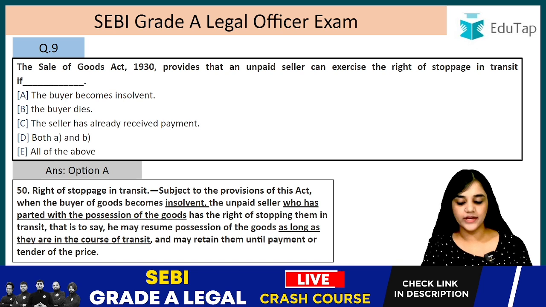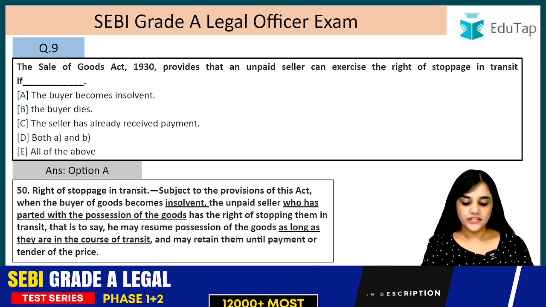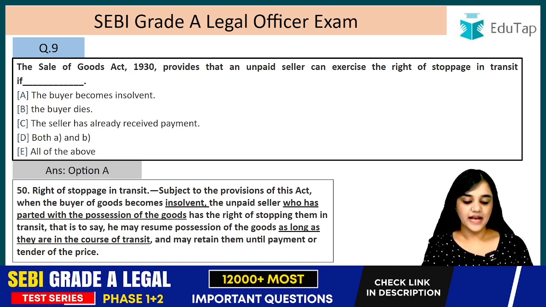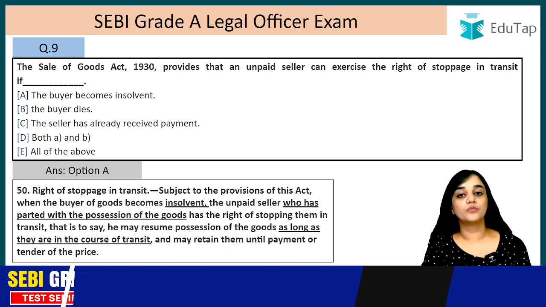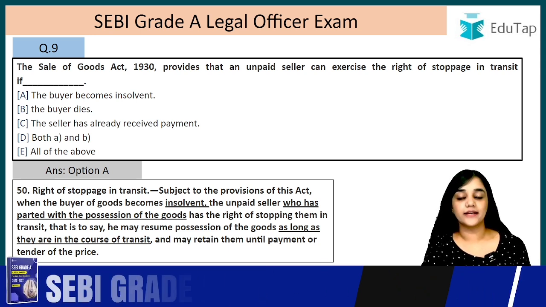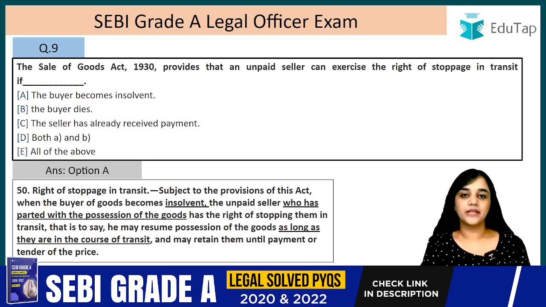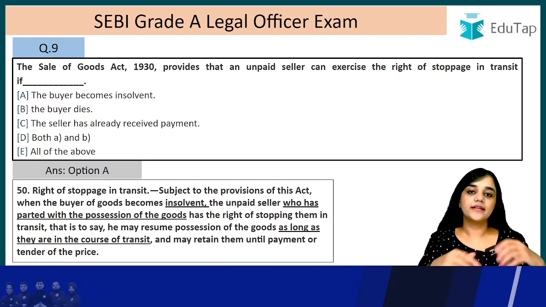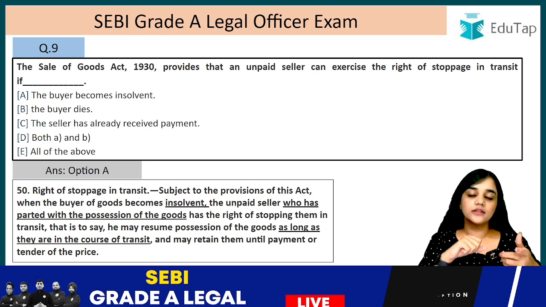Who has parted with the possession of the goods has the right of stopping them in transit. That is to say, he may resume possession of the goods. He can take possession in that case. So what is happening here? For example, A is a seller and he is delivering the goods to B.